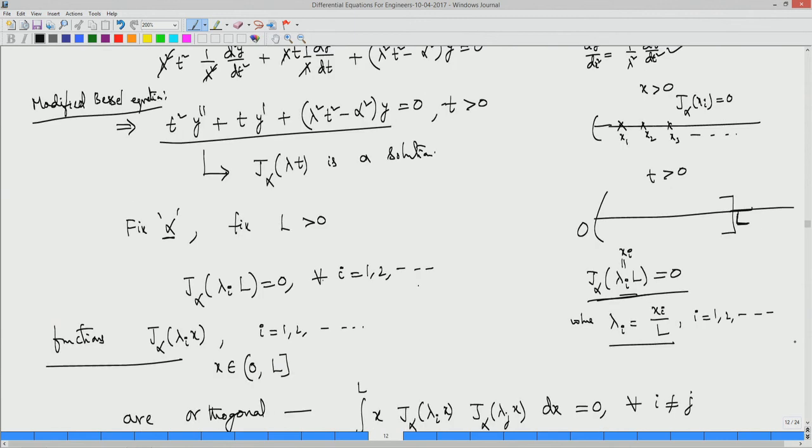You see that j alpha of lambda t satisfies this equation, d square by dt square of j alpha of lambda t.